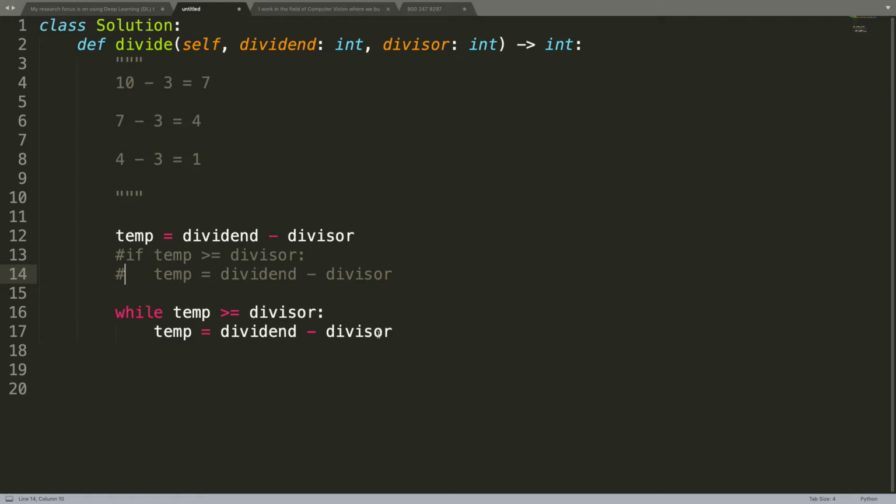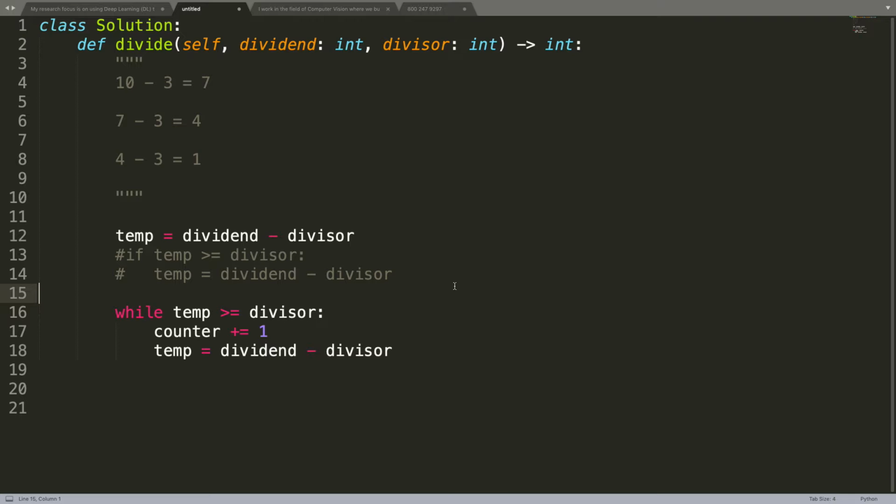So while temp is greater than or equals to divisor, I do this. Then I need a counter. Every time I enter the loop, I need a counter that will increment equals to 1.